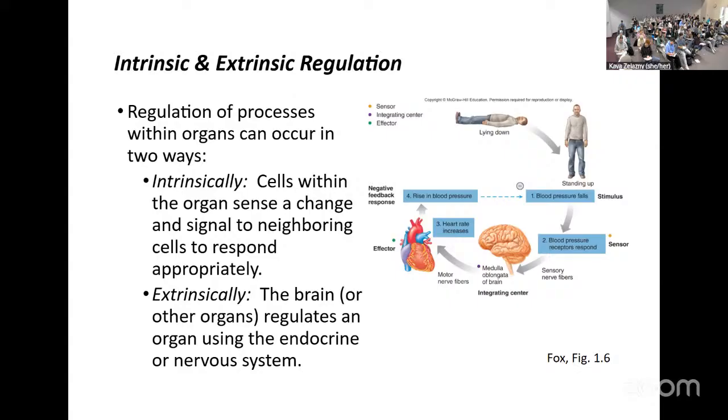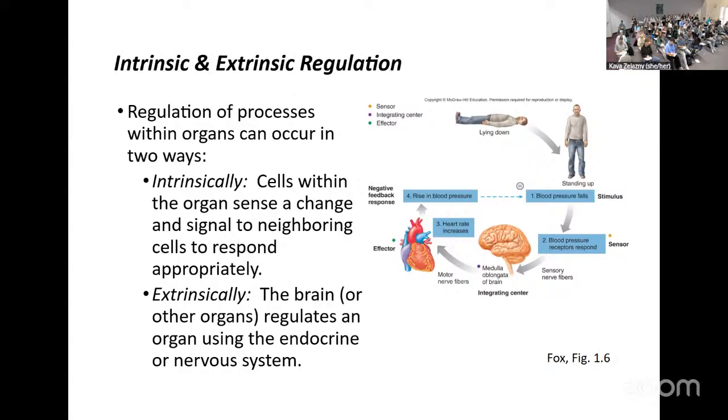When we say something's extrinsically regulated, this is when we think about the brain usually, but generic term, kind of integrating sensors. This is when we're going to have a signal from some other organ system involved in adjusting and regulating that process. So if your heart is being regulated by nerves coming from your brain, that would be extrinsic regulation of your heartbeat. And we'll usually see within each of our organ systems that these are working together, in conjunction.